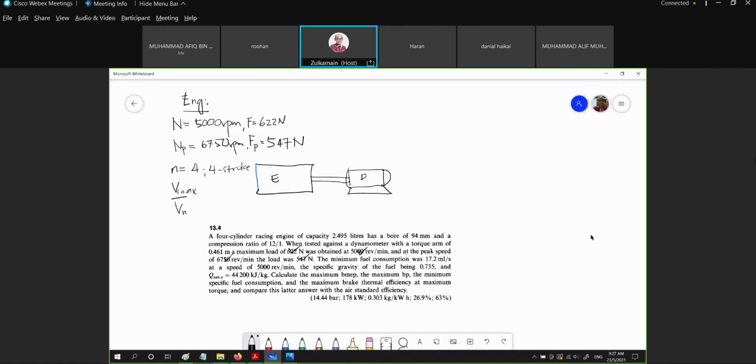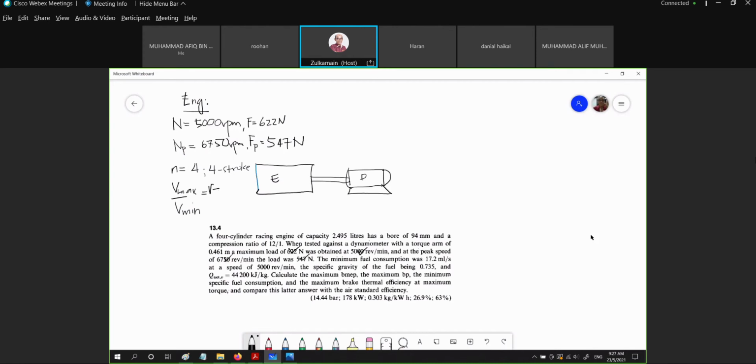What is the symbol? Apart from Vmax over Vmin, what is the given symbol for this? R, yes, it's R. Don't confuse it with the top arm.